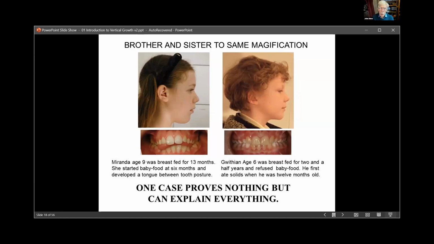And now you can say that one case proves nothing, but it can explain everything. And I think to me that is the perfect illustration of the difference between breastfeeding and cup and spoon feeding. You may not all agree, but I have no doubt.